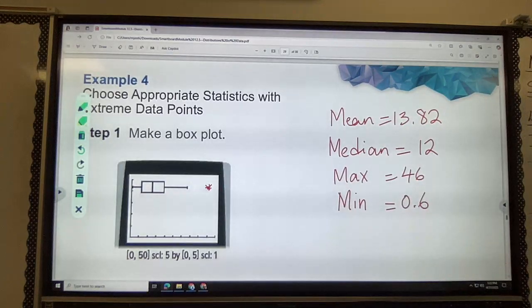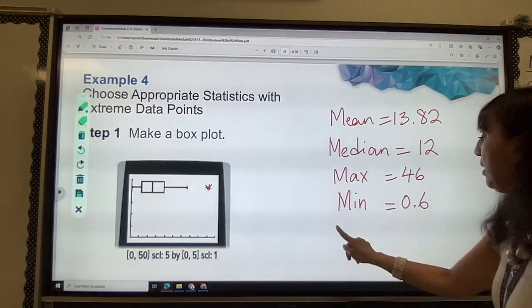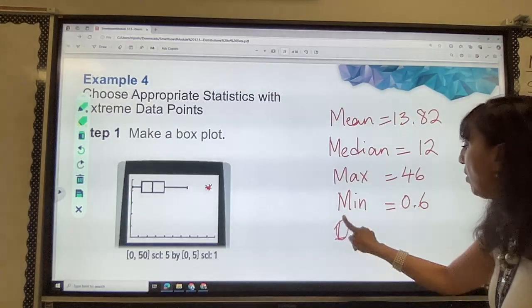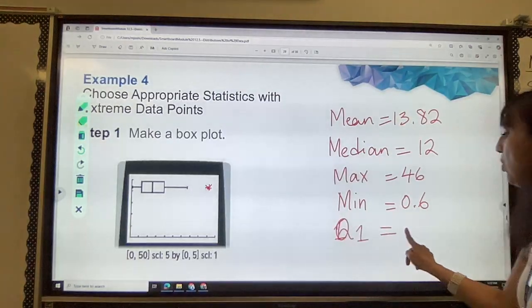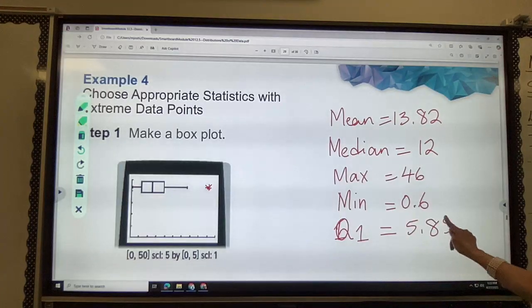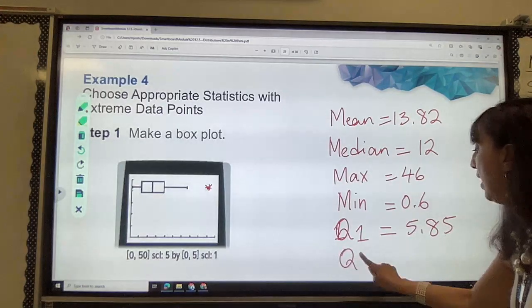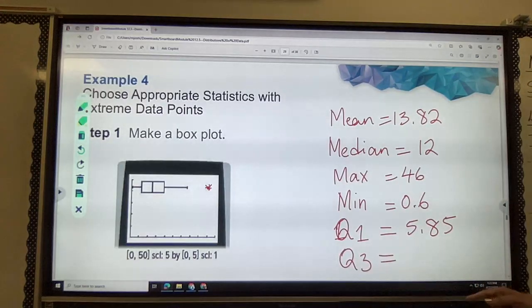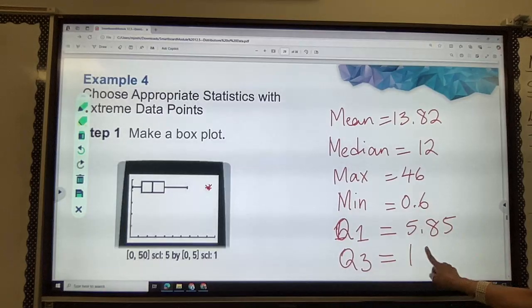Minimum over here I am getting as 6/10. And then I have my lower quartile, Q1, which it's giving me as 5.85, and my upper quartile, Q3, is being given to me as 19.